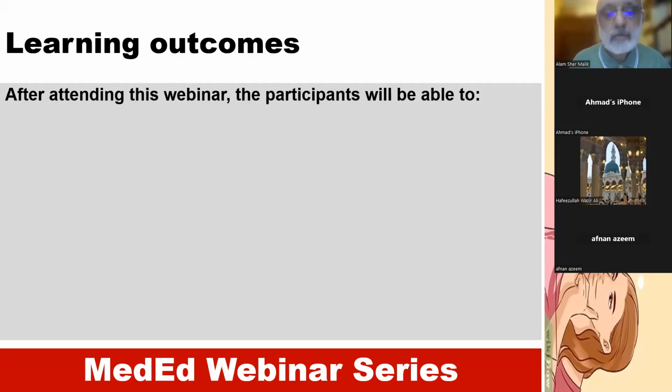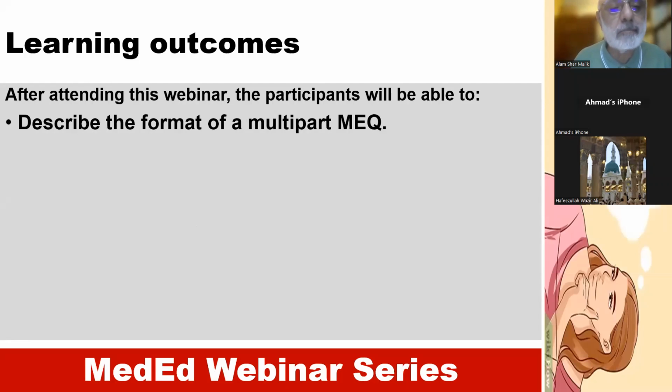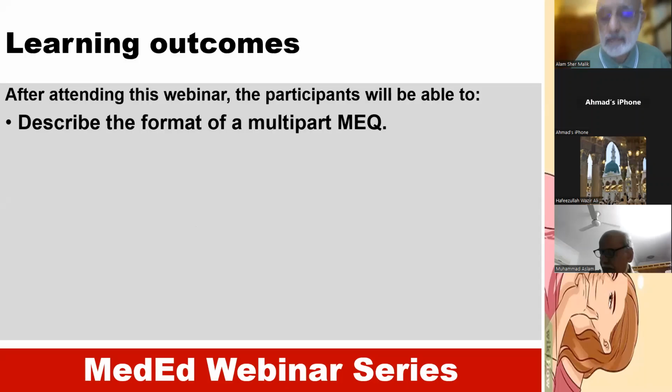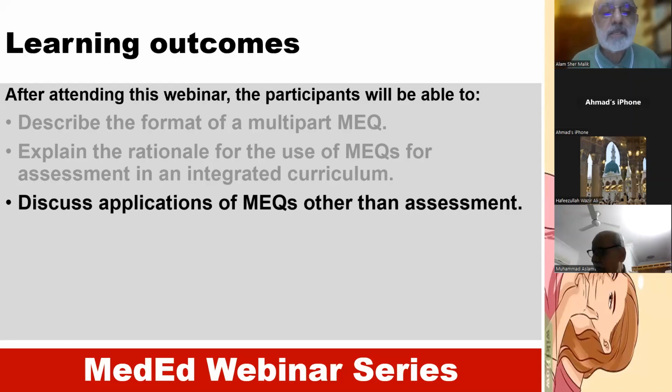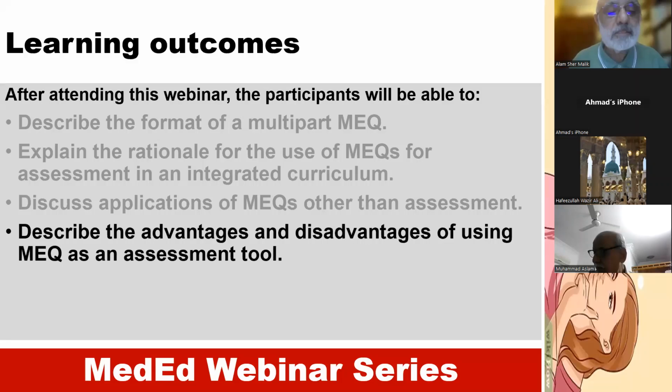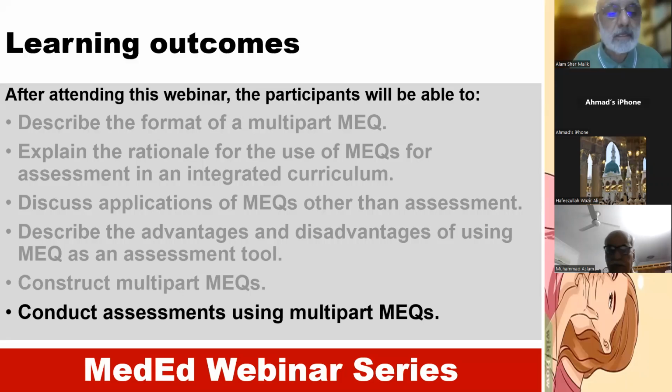The learning outcome for today's session, what we want to achieve, is that the participants will be able to describe the format of multi-part modified essay question, explain the rationale for the use of modified essay questions for assessment, especially in integrated curriculum, discuss applications of modified essay questions other than assessment, describe the advantages and disadvantages of using modified essay questions as an assessment tool, construct multi-part MEQs, and conduct assessments using multi-part MEQs.